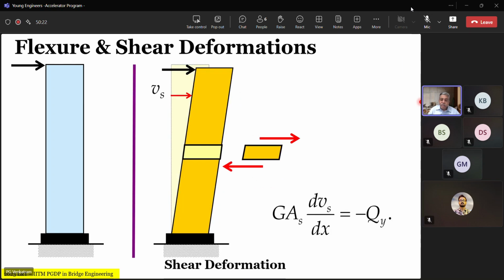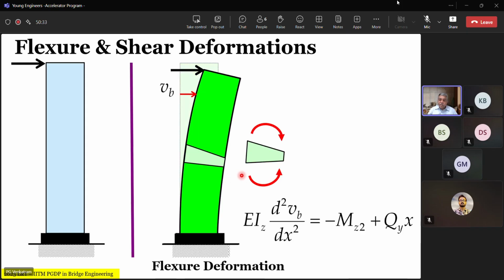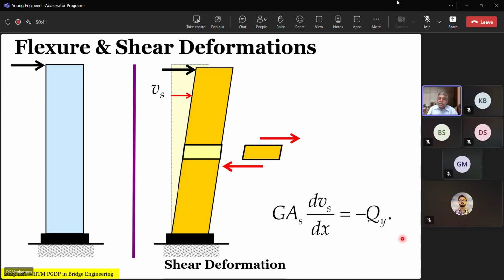Okay, only GA, right? These are the basic equations. If you recall our traditional structural analysis equations for flexure, EI d²vb/dx² is equal to minus M(x) plus q(x), right? And for shear deformation, it will be simply GA dvs/dx is equal to shear, right?